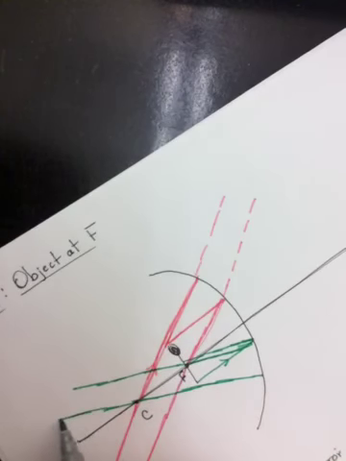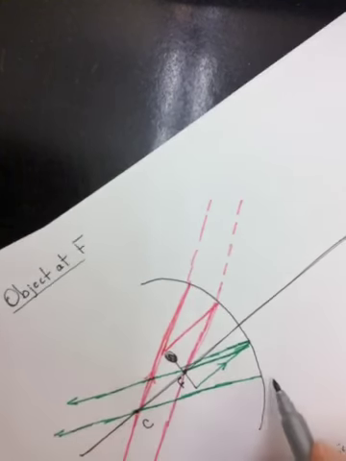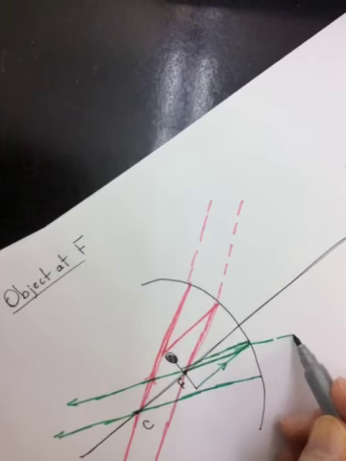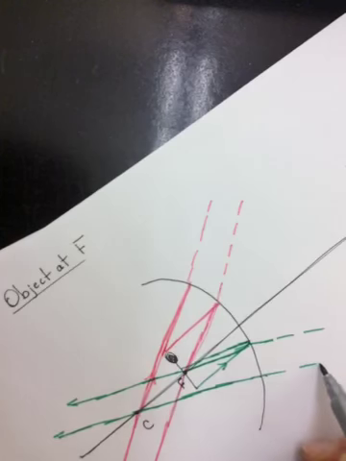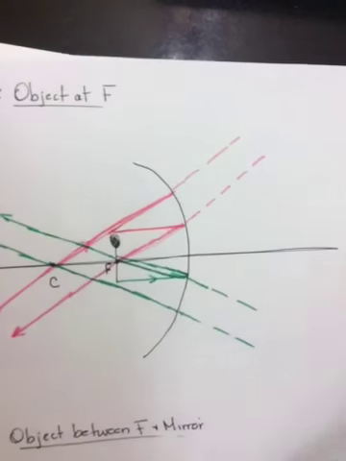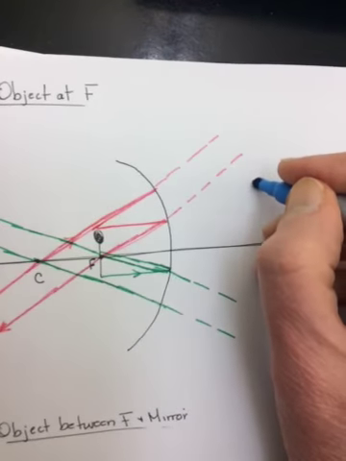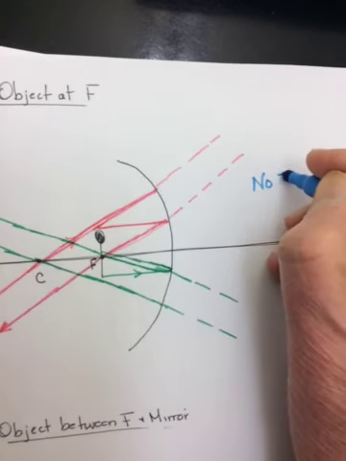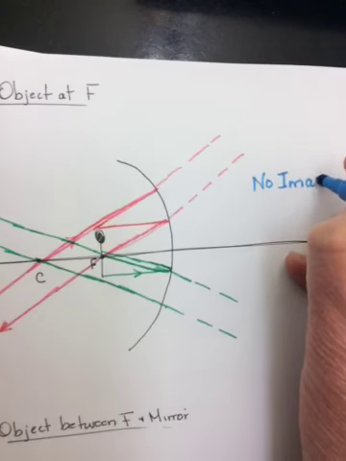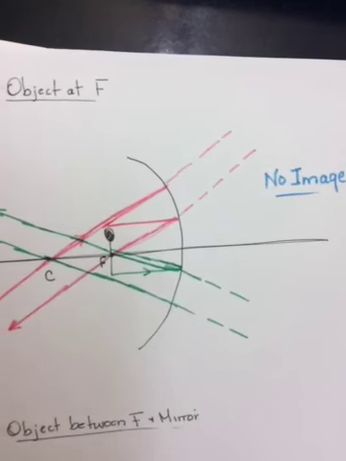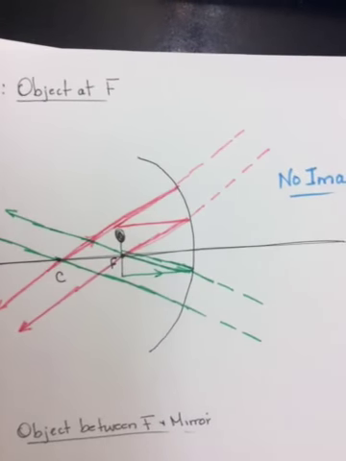Back through C. Okay, even if we follow the reflected rays back, they still end up being parallel. They do not cross. No image. Okay, so that's case 4, no image.